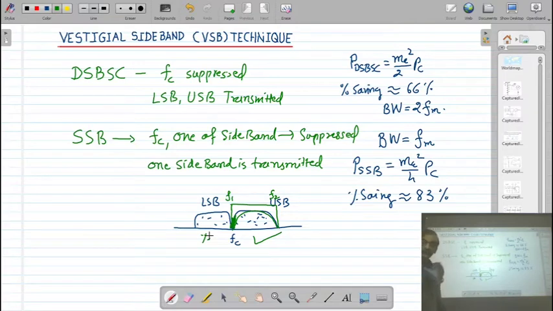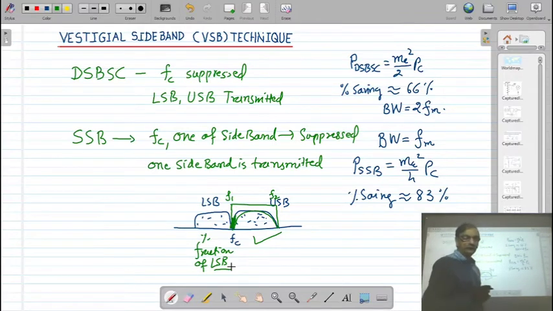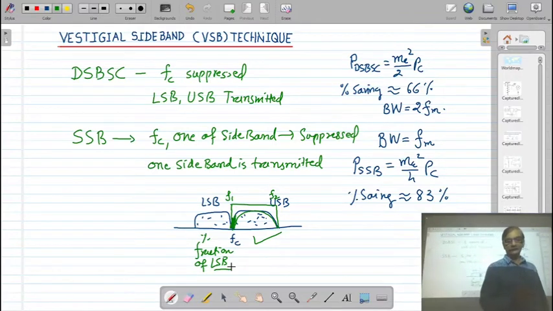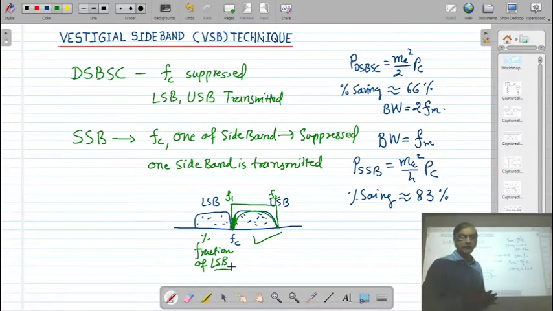Meaning a vestige or fraction of this lower segment frequency is also transmitted. So that is known as the vestigial sideband technique. So in the vestigial sideband technique, you transmit the upper segment fully and a fraction of the LSB.